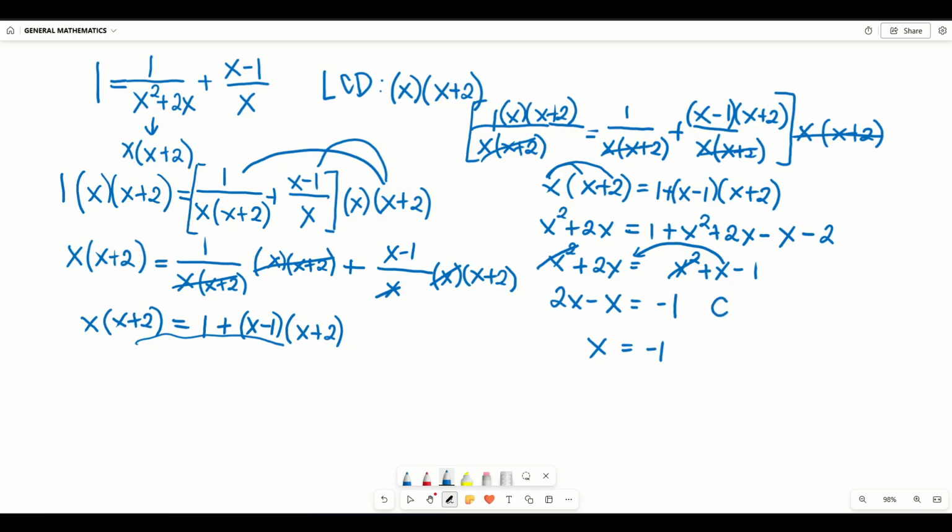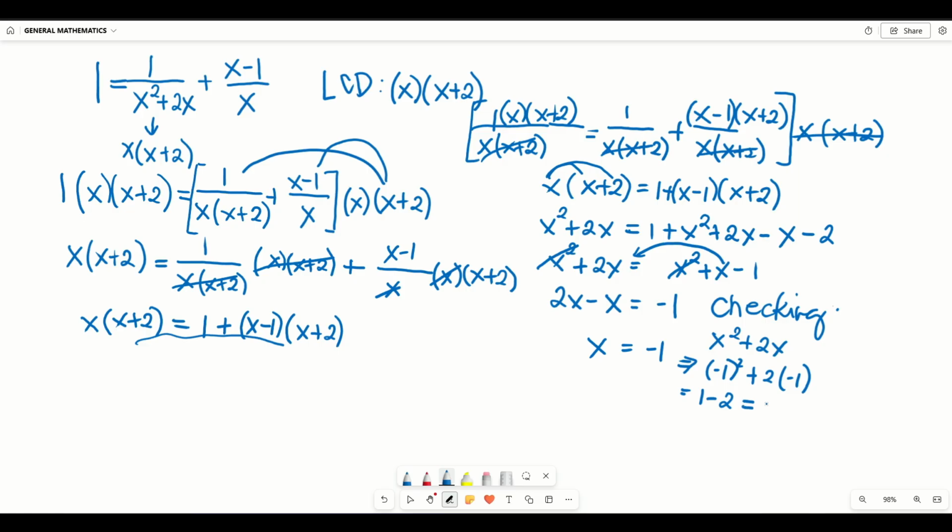So, through checking, we want to check if may magiging 0 sa denominator natin if x is equal to negative 1. So, for x squared plus 2x, that will be negative 1 squared plus 2 times negative 1. That is 1 plus 2 times negative 1 is negative 2.